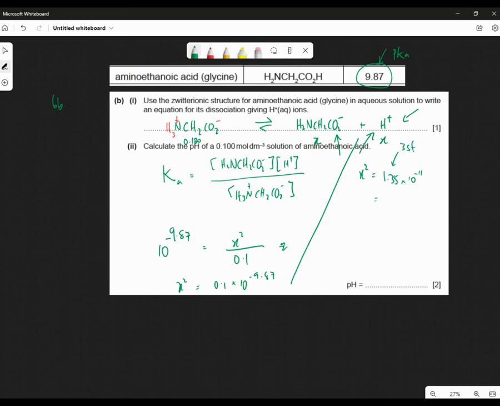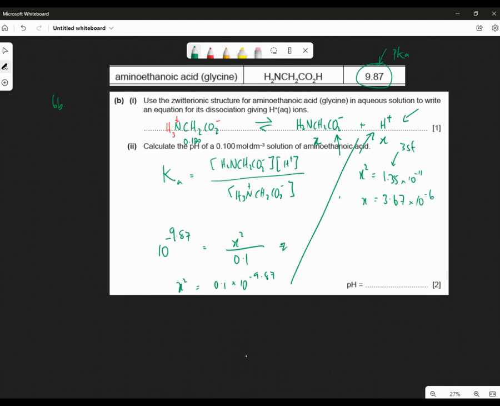All right, and therefore from that I get x equals, where's the square root button? Oh, obviously I've done that wrong. Let me start again. The root of 1.35 times 10 to the minus 11 is equal to 3.67 times 10 to the minus 6.